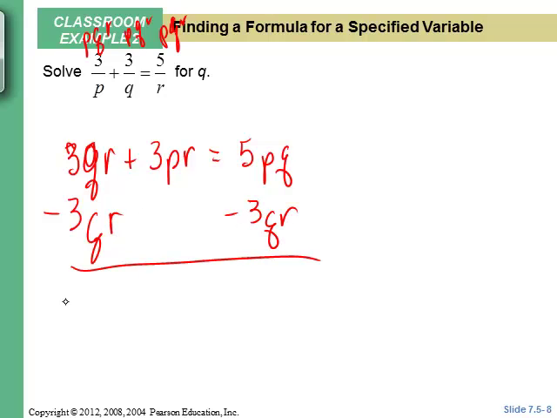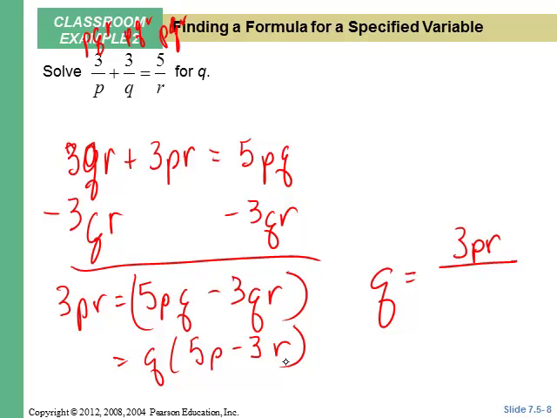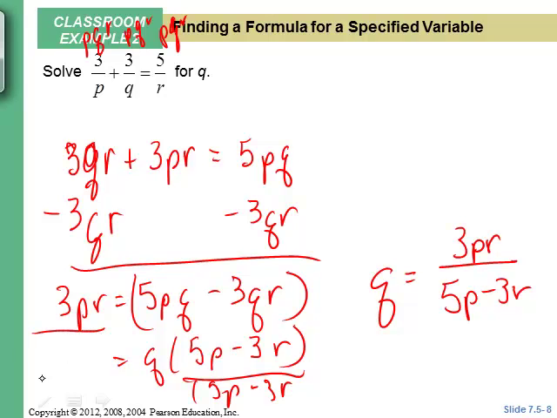And we have 3pr equals 5pq minus 3qr. Factor out a q: 5p minus 3r. So our q equals 3pr over the denominator, 3r divided by 5p minus 3r.